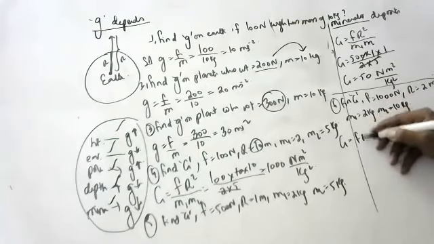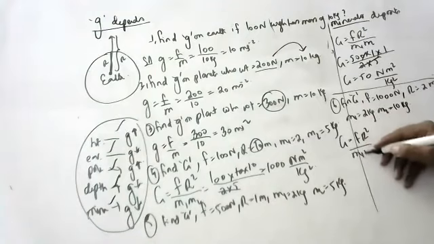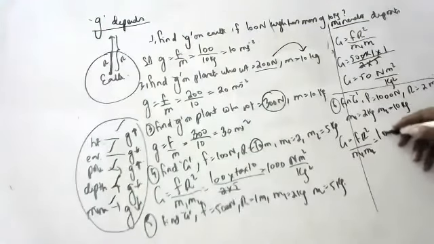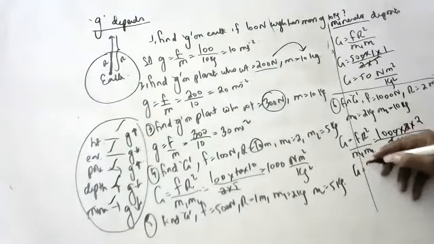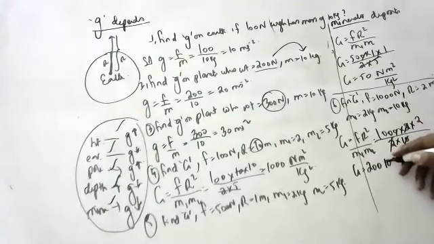G is equal to F R square by M1 into M2, 1000 into 2 into 2 by 2 into 10. The 2 cancels, 10 and 10 cancel. So the answer is 200 Newton meter square per kg square. Okay, children, like this you have to do.